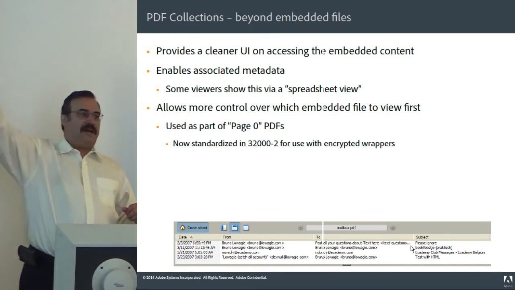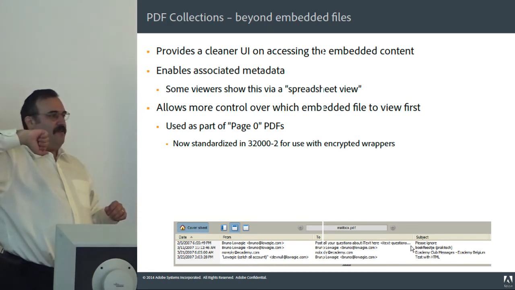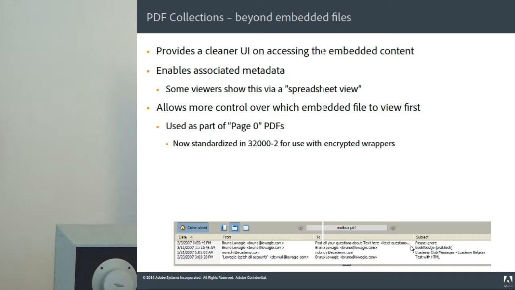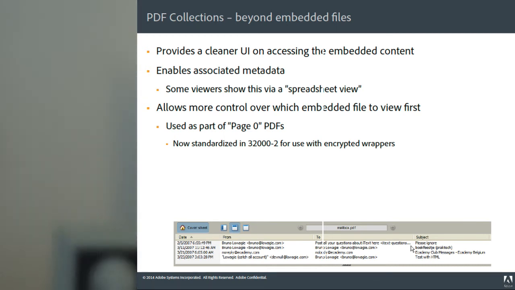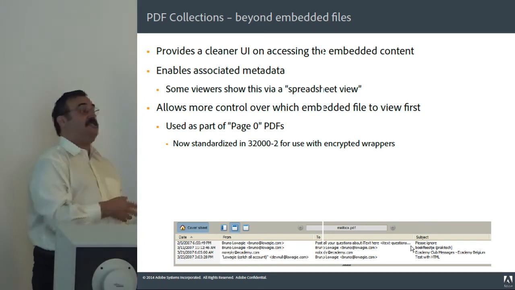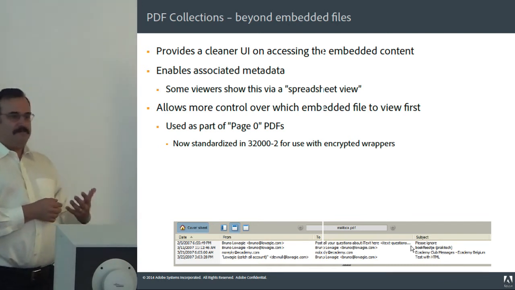You can specify that within the PDF. The user experience would be, you would assume the actual PDF would be down here, but here you can see the dates and the froms and the tos and the subjects of your email and navigate through that rather than navigating through documents without any context associated with them.